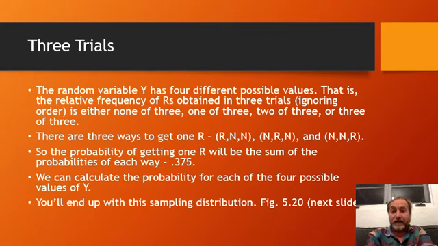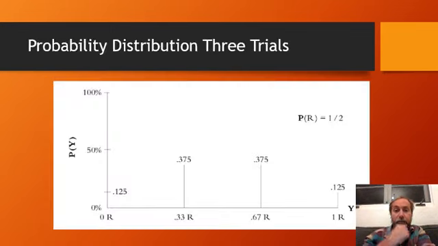Once again, you calculate the probabilities just as we did for 2 trials, for each of the 4 possible relative frequencies of Rs, and you end up with a different sampling distribution here. In the center now, getting 1 R is a relative frequency of 0.33 Rs, 1/3 Rs. You get a 0.375 probability of getting that.